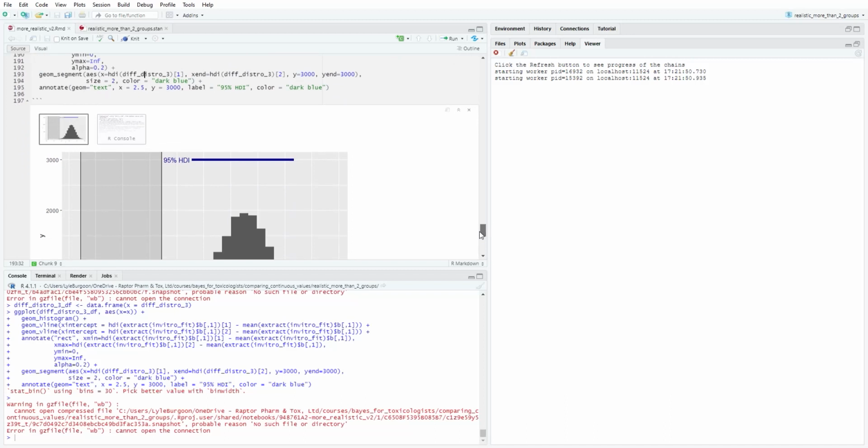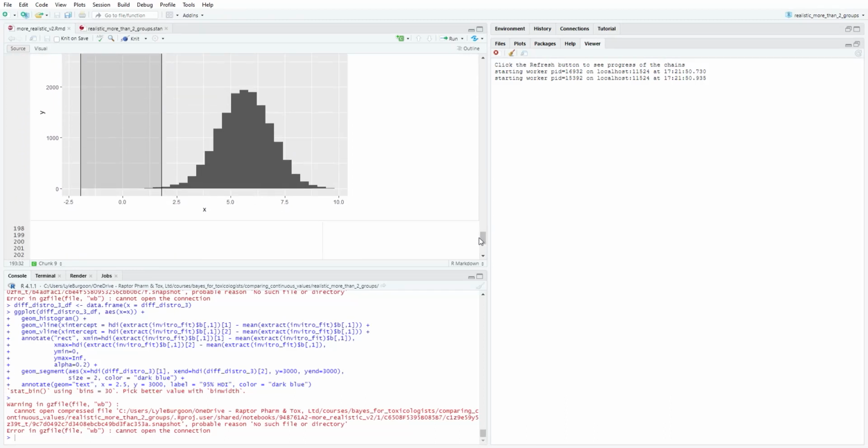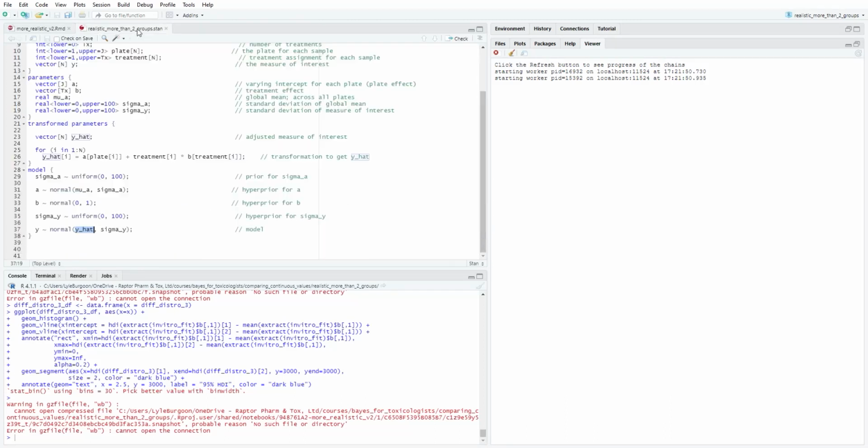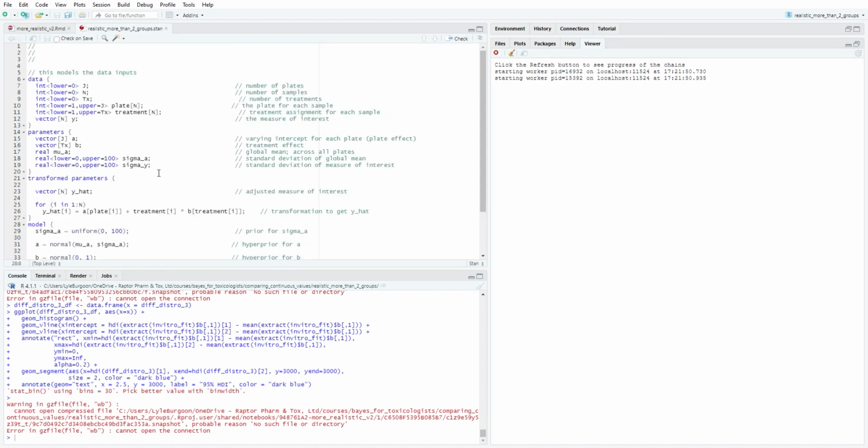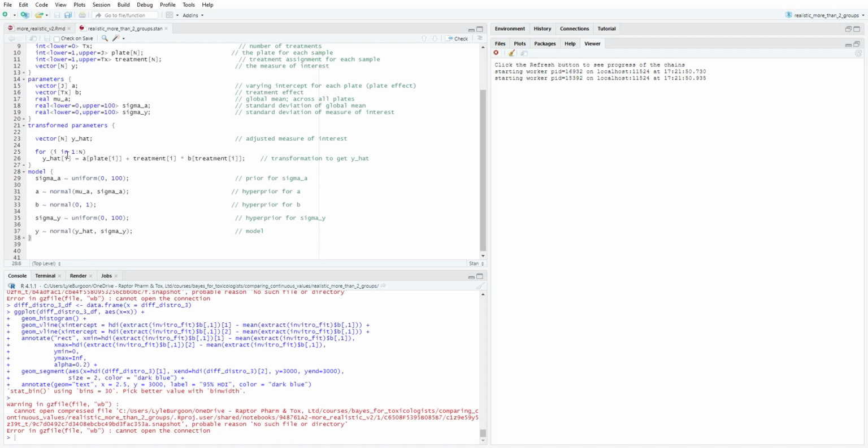So that's that. I mean, we're kind of building off of all the stuff that we've done before. I just want to come back to this Stan file, sorry. This part here is probably the big workhorse of this whole thing. And again, this is where we will try to find what the plate effect is. We try to find this treatment effect, right?